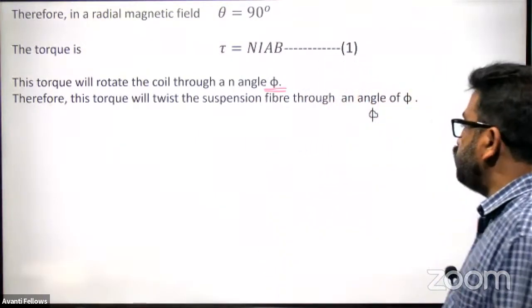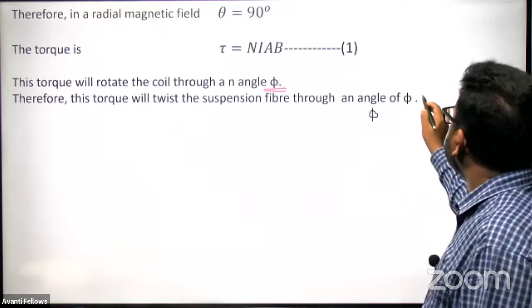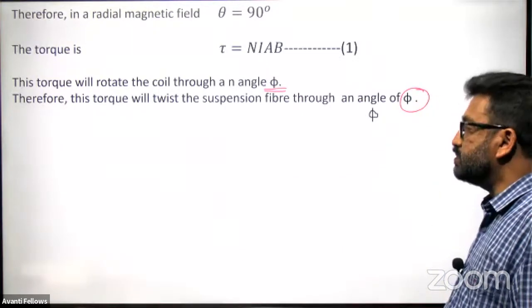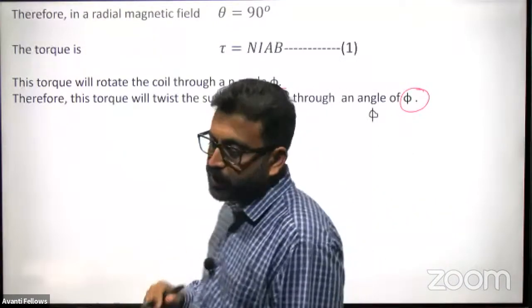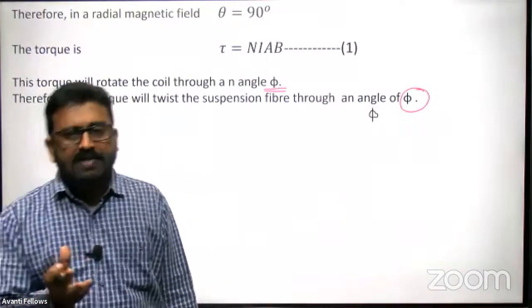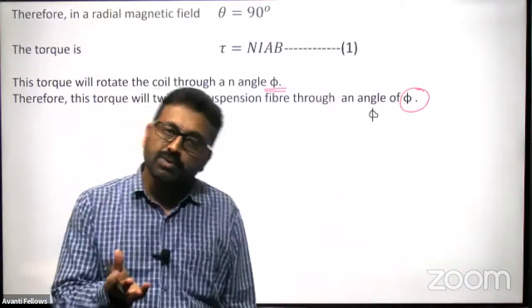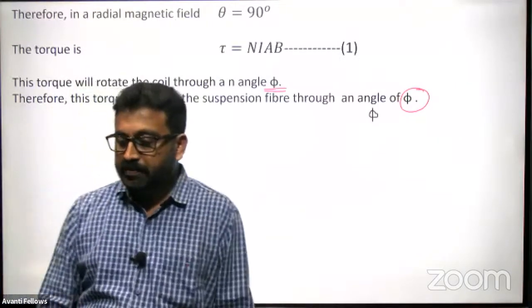This torque will also twist the suspension fiber by an angle phi. The deflecting torque and the restoring torque will be equal. The current is trying to deflect the coil, and the fiber is trying to restore the galvanometer to the original position.